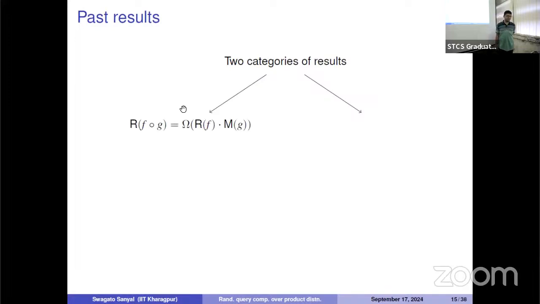The first are of the form R of F compose G is at least asymptotically R of F times M of G, wherein M is some measure of complexity which is at most R. And the second category consists of results of the form R of F compose G is at least M of F times R of G, wherein M is some measure of complexity. So M of F is at most R of F.